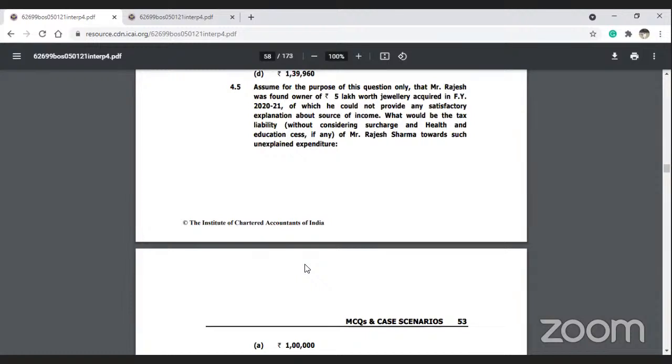Assume for this question only, Mr. Rajesh was found owner of 5 lakhs worth jewelry acquired in FY 2021 for which he could not provide any satisfactory explanation about source of income.